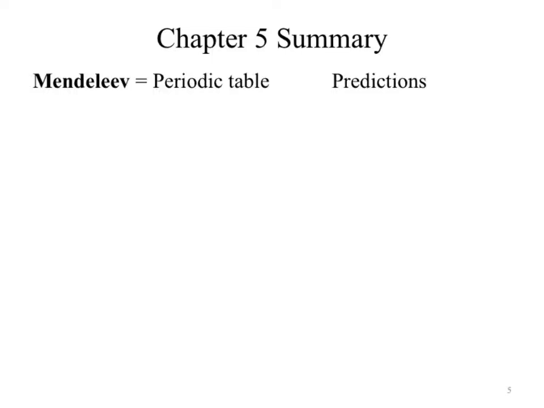The other big thing that Mendeleev brought out of this was predictions. So if I give you a bunch of properties for an individual element, say a bunch of different densities, you should be able to predict a missing value. And we did an example of that in the slides already. Trends. The big one that I highly encourage you to remember is your electron orbitals.